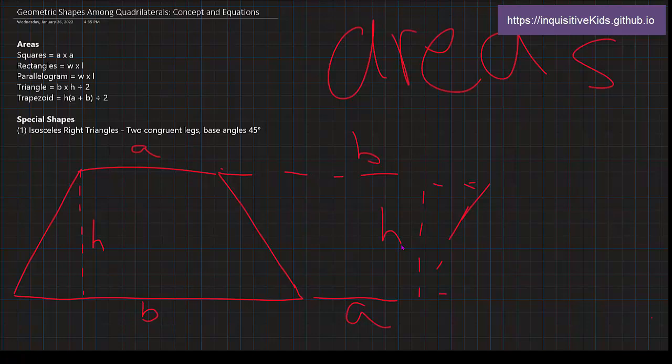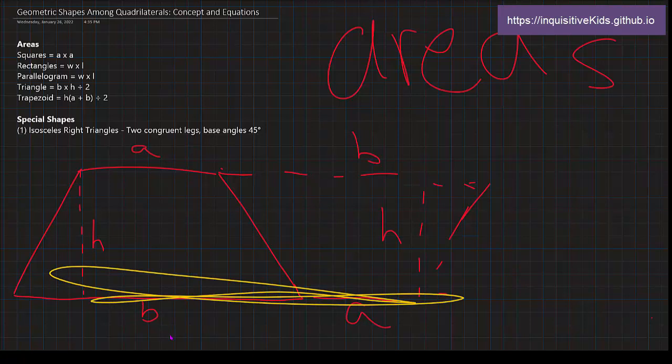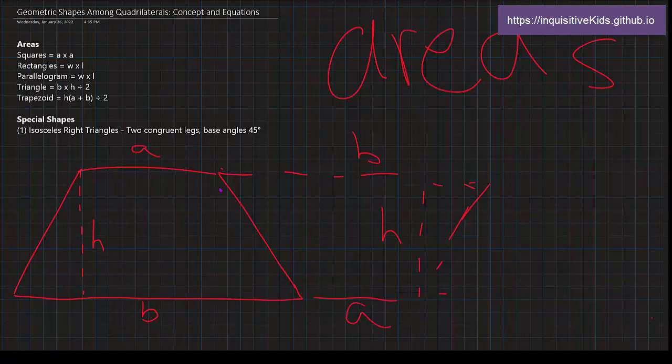And how do we find the area of this? Well, that would just be H times the side length down here, H times the sum of A and B, so that's what we have here. But if we just wanted to find the area of one trapezoid, it's going to be divided by 2.